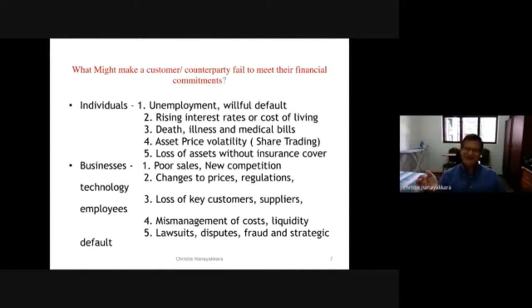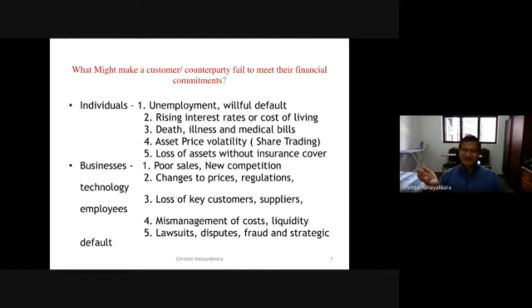They think one day the bank will write off their default. Those guys are called willful defaulters. That's why we need to look into the character of a client. It is important to identify character and the past track record, to see whether they have willfully defaulted in the past. Another reason for default is rising interest rates and cost of living.